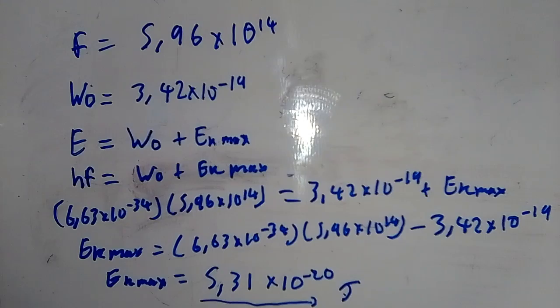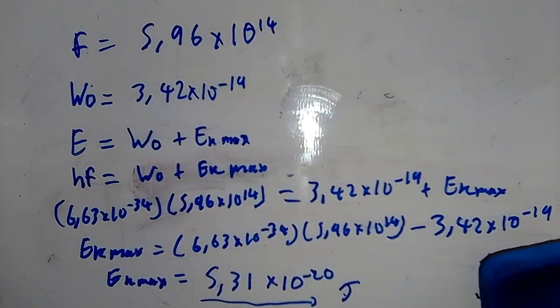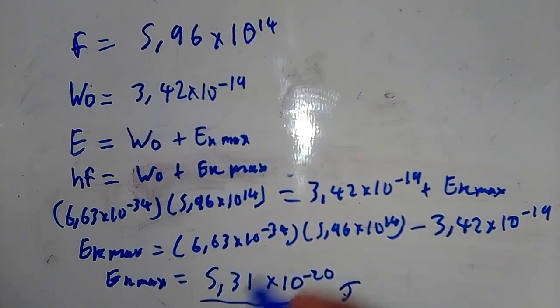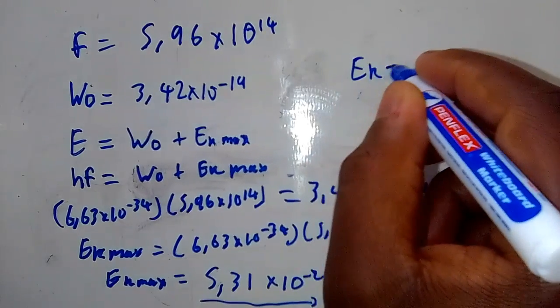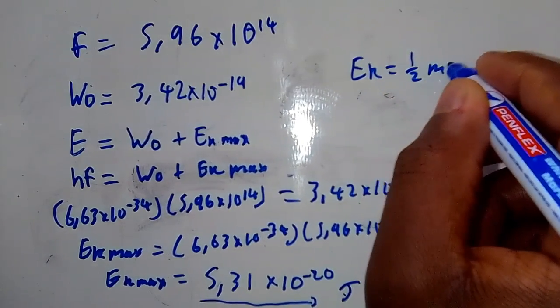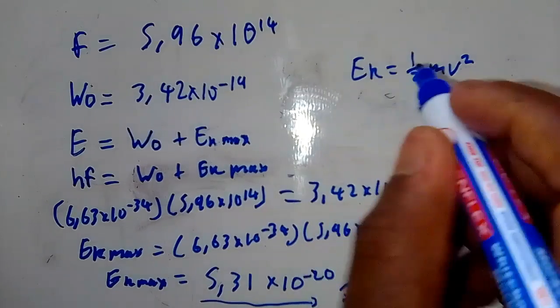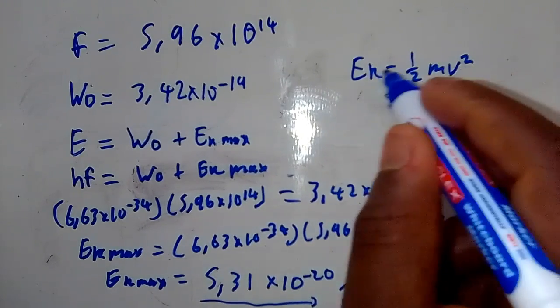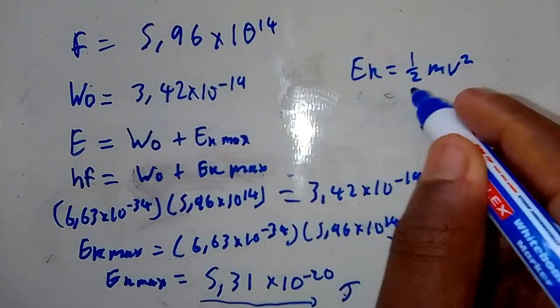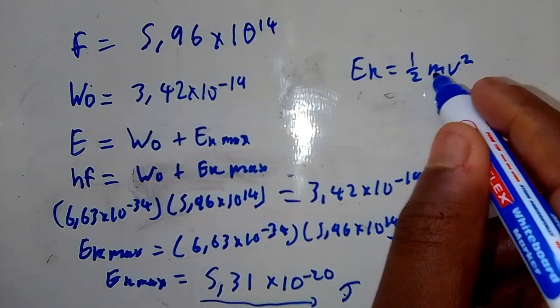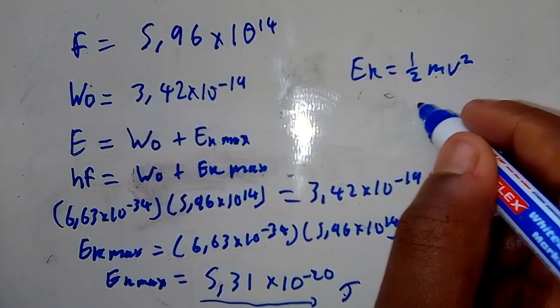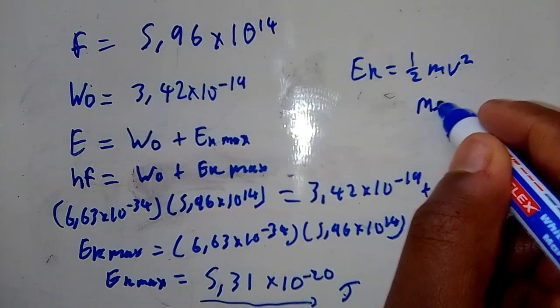So what about if they asked for the speed of the electron? If they ask for the speed of the electron, notice that EK is equal to half mv squared, right? So far we have got EK, so we can easily get the mass. The mass of the electron is in the formula sheet, I believe it's written something like ME.